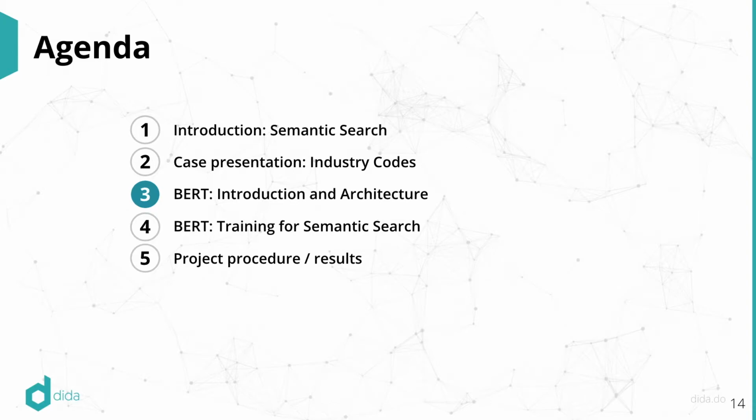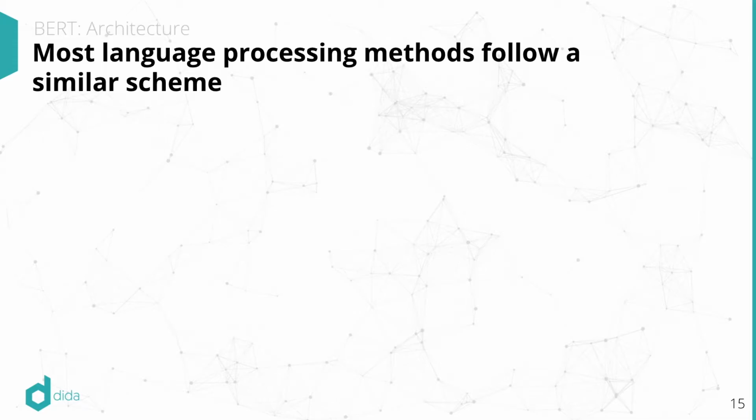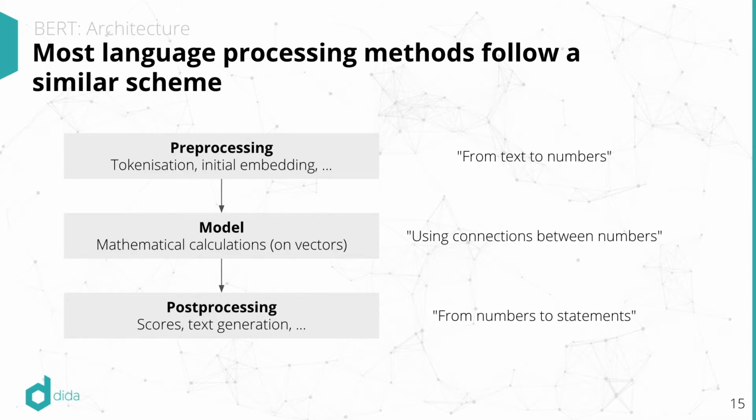So now that we have seen what BERT can do, let us look at what exactly BERT is. And to understand that, we start again with some perspective. Most language processing methods follow a similar scheme. All start with some kind of preprocessing, which includes methods like tokenization or initial embedding.